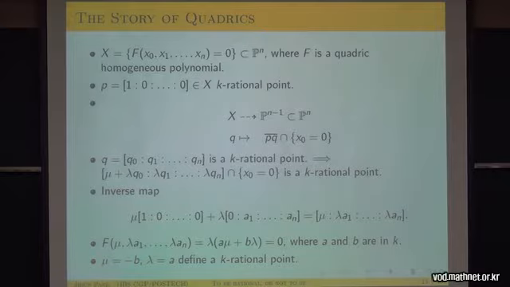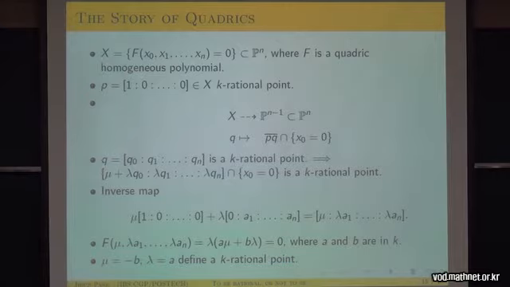Okay? So you have a quadratic equation. You have one point on this quadric hypersurface. So you project: you choose any point here on X. You take the line here, and it will hit the hyperplane, right? That's our image.